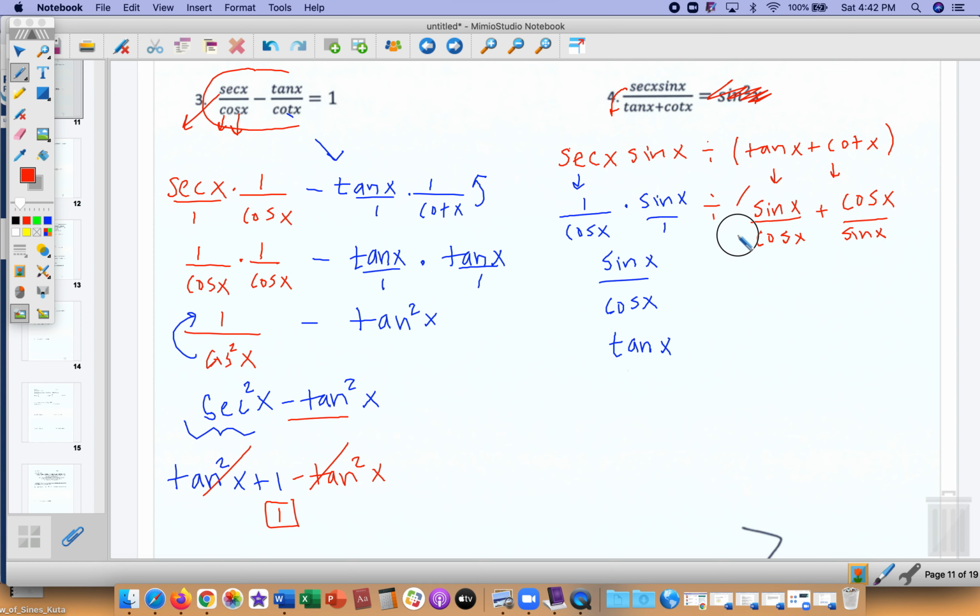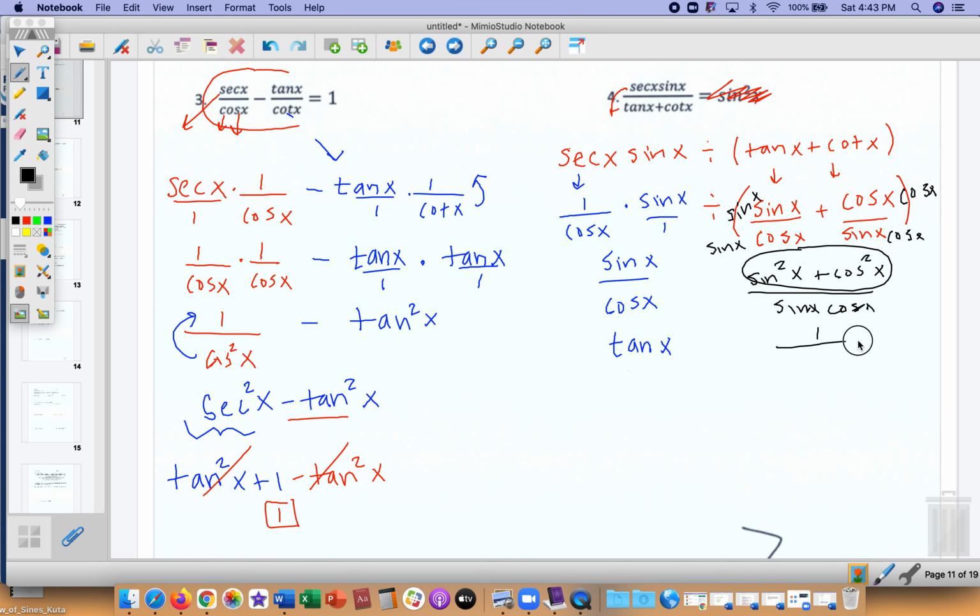Now to combine these fractions, we need to have the same denominator. So we'll multiply the left side by sine x and the right side by cos x. So we have sine squared x plus cos squared x over sine x cos x. And we know from the identities that sine squared plus cos squared is 1, over sine x cos x.